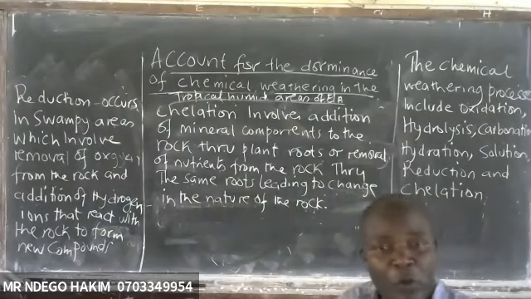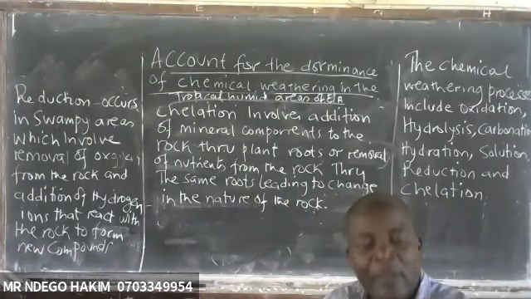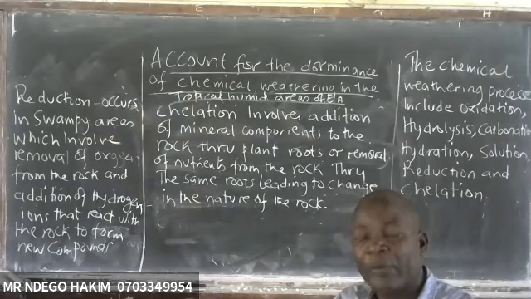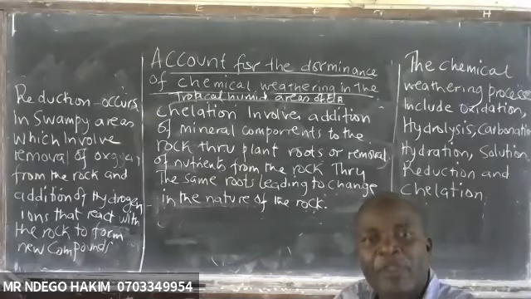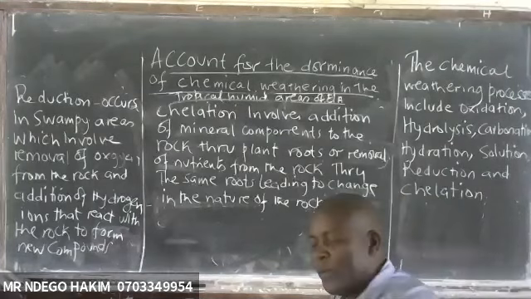We identified tropical humid areas and their characteristics, which we did. Then we briefly described the chemical weathering processes in these tropical humid areas, which we've just done. From there, we are looking at factors to account for the dominance of chemical weathering processes.